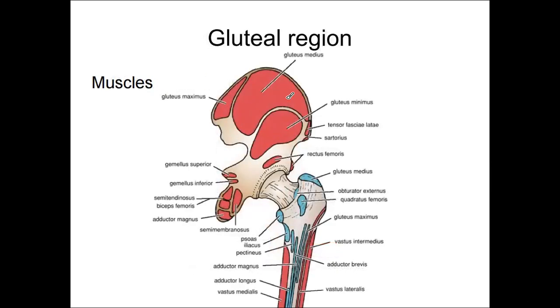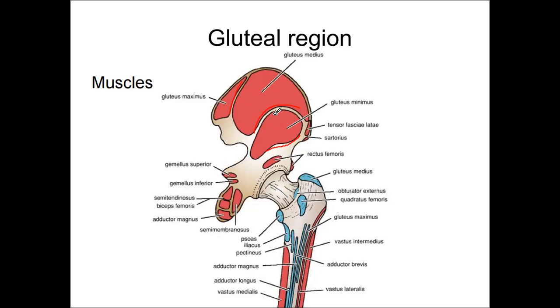Looking at the gluteal region, I want you to appreciate these lines that we have at this point. Here we have the origin of the gluteal muscles. These lines, we have the posterior gluteal line, right? The medial gluteal line, and the inferior gluteal line. Please note that the gluteus maximus originates posterior to the posterior gluteal line, the gluteus medius between the two lines, and then the gluteus minimus between these two lines.